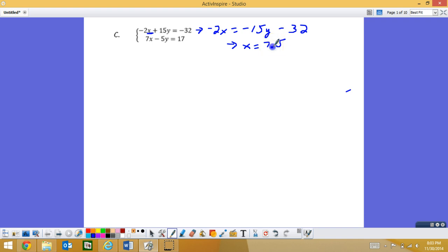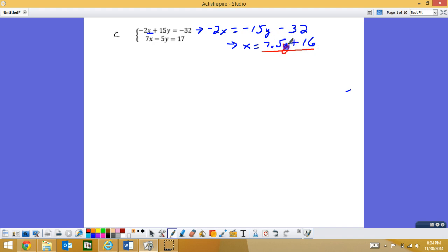The decimal points aren't real easy to make with this stylus. So then that is what I can substitute in for x.